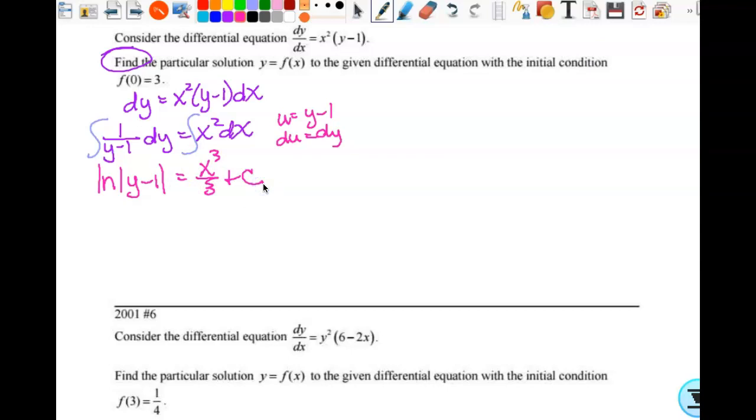Now, this is the step where we have been substituting in the initial condition, right? As per advice from Miss Bruce, you could always solve for y before you substitute it in every single time. Sometimes it's more efficient, like on the last ones that we did, not to do that.